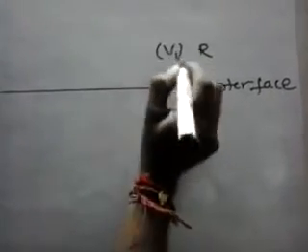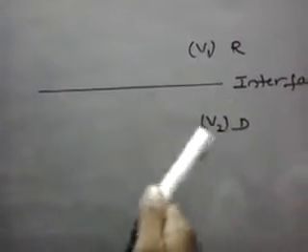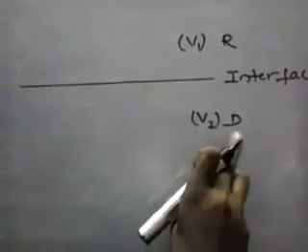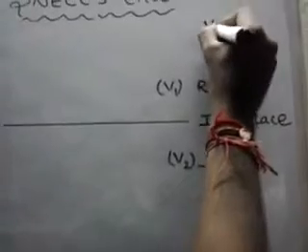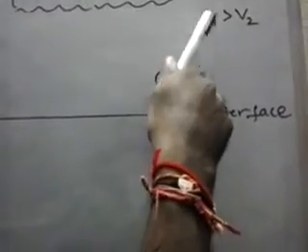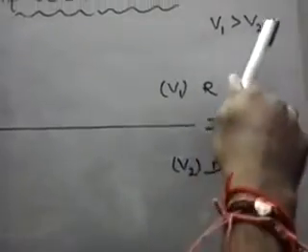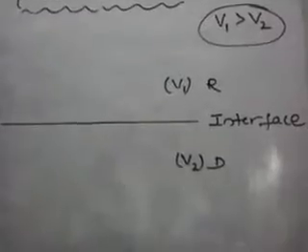Just remember, whenever light travels in the rarer medium, its velocity is more, while in the denser medium, its velocity decreases. That's why we can say v1 is greater than v2. The velocity of light in the rarer medium is v1, which is greater than the velocity of light in the denser medium, v2.